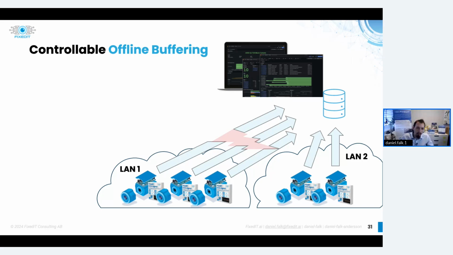And as soon as the connection is regained, it will send all this historical data and backfill your database, so that your dashboards will again show exactly what was happening at the site, even when you didn't have connectivity. And this buffering is completely controllable using the fixed data agent. So you can decide yourself how much data you should store and what should happen if it can't send it.